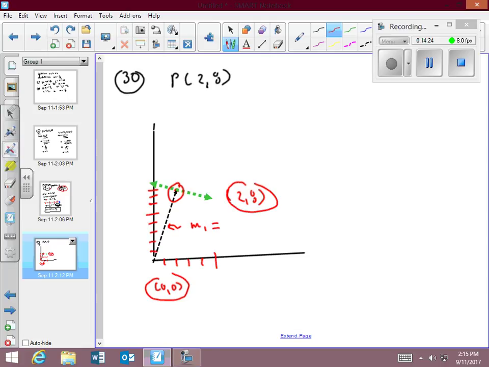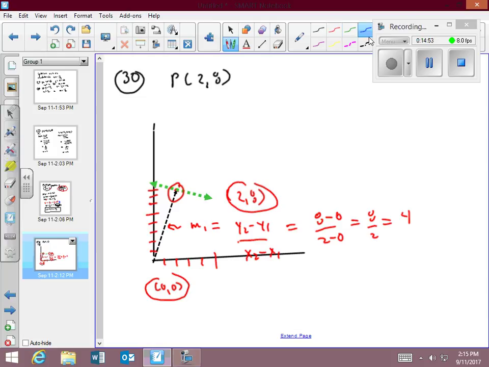You can get that with that formula, can't you? y2 minus y1 over x2 minus x1. And we use the 2, 8 as x2, y2. So it's going to be 8 minus 0 over 2 minus 0, which is 8 over 2, which is 4. So the slope of that line is 4.